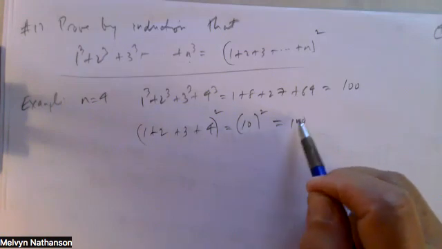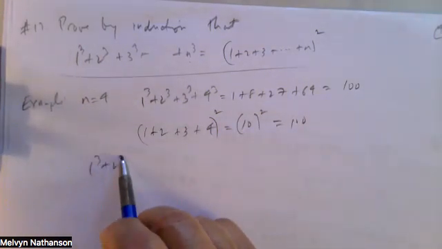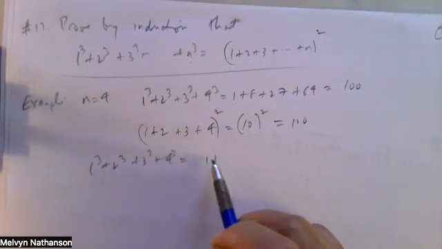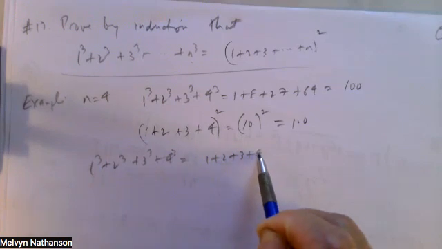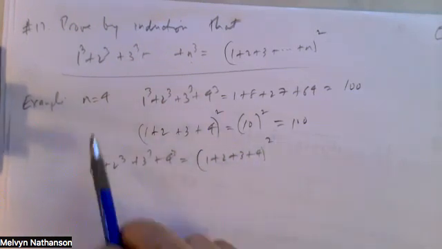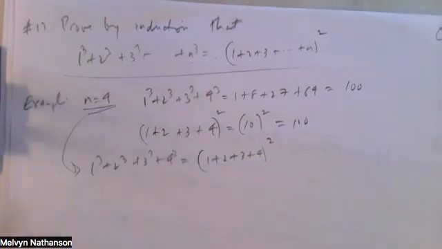So if you look at this example, 1 cubed plus 2 cubed plus 3 cubed plus 4 cubed is (1 plus 2 plus 3 plus 4) squared. So this is just an example of this statement in the special case n equals 4.